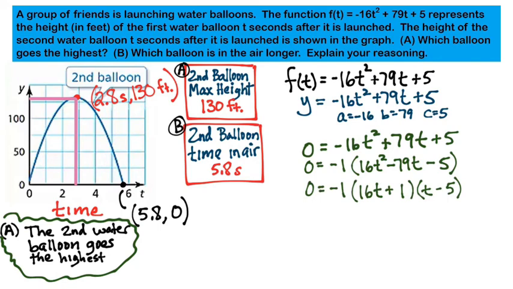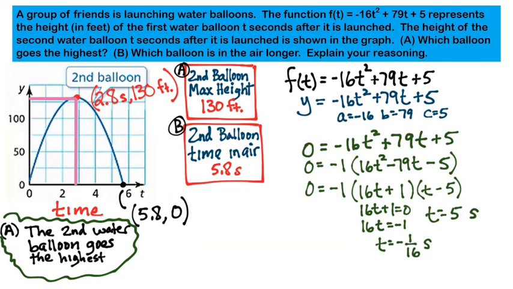So my first binomial factor is 16t plus 1, and my second binomial factor is t minus 5. Now we need to use the zero product property to find the value of t in both binomial factors. So it turns out that the first binomial factor, t equals negative 1/16 of a second, and the second binomial factor, t is 5 seconds.